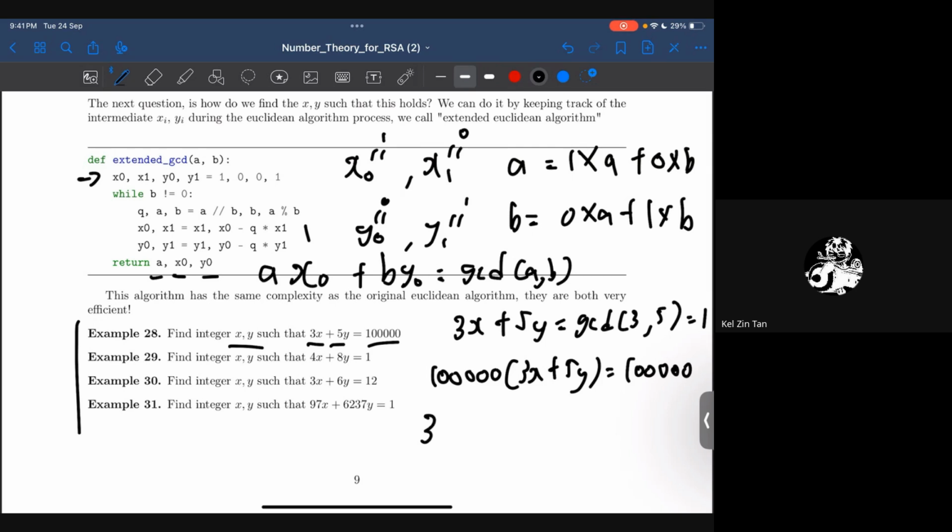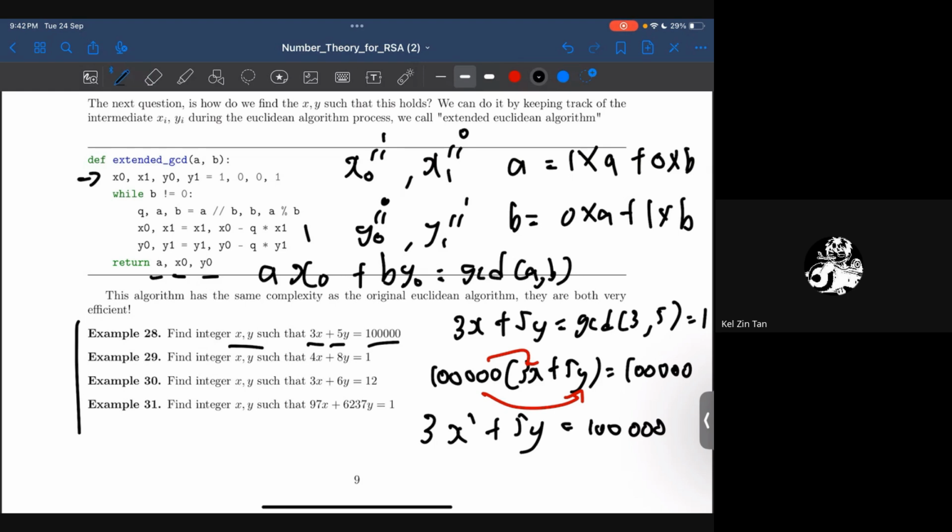Then my new x and new y is basically I just bring this term inside, so this becomes 100,000. That is how you find the integer solution of 3x plus 5y equal to 100,000 by using the extended Euclidean algorithm.